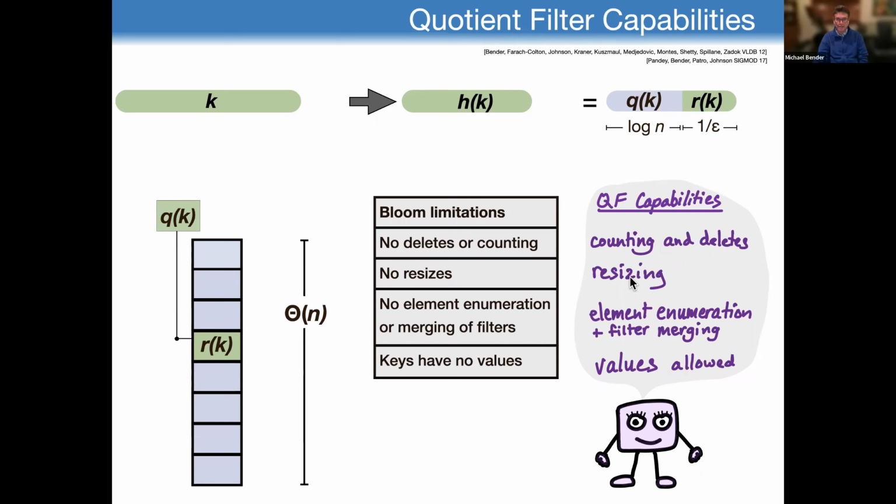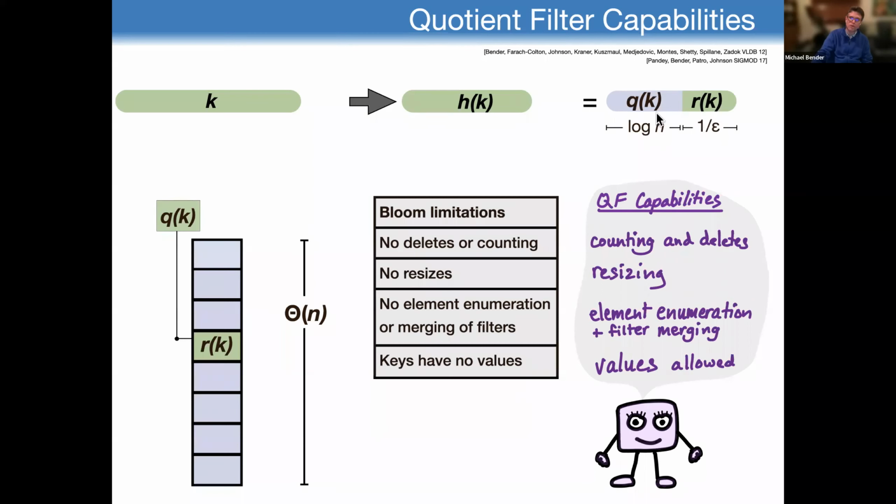You can also resize. And now I can answer the question about what happens if you want to resize the table. Suppose you've added more elements to your table, and so now you have enough elements that you want to double the size of your hash table. Well, if you double the size of your hash table, n has doubled, so log n has increased by 1.